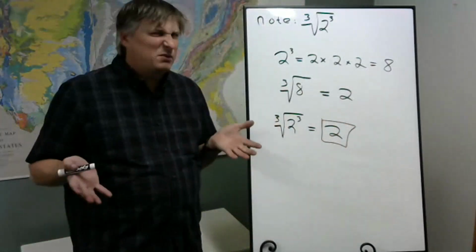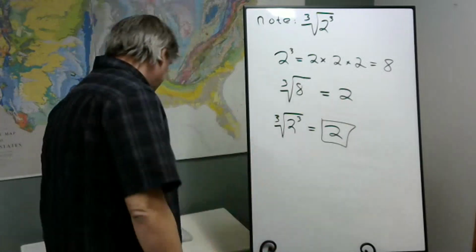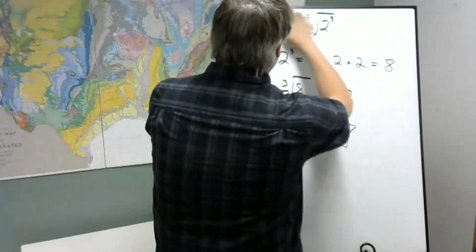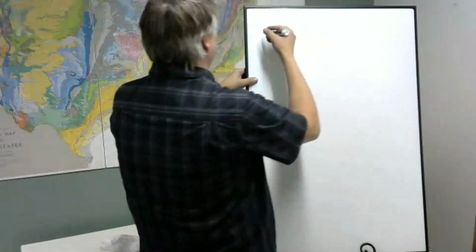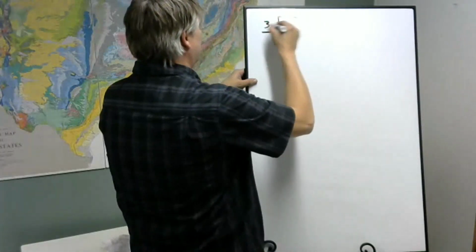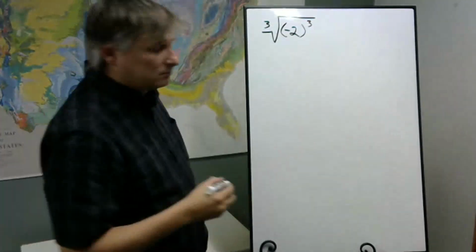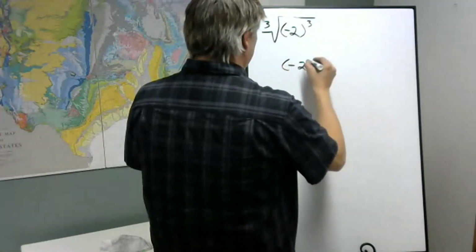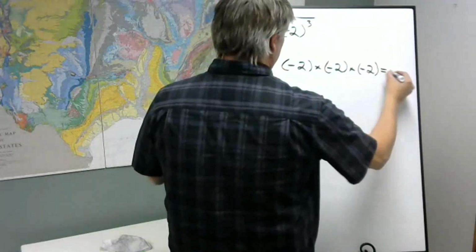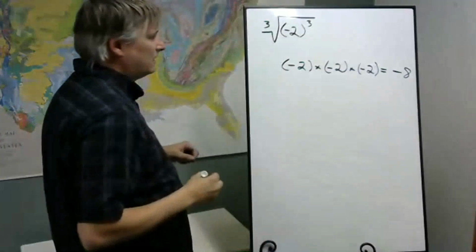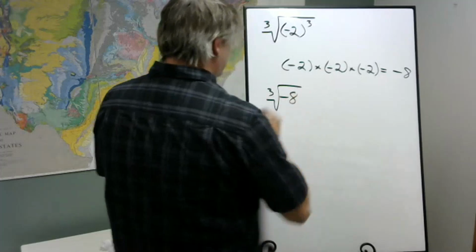So looks sort of like what we did with square root so far. So what happens if we make 2 negative? So cube negative 2. So we asked for the cube root now of negative 8.